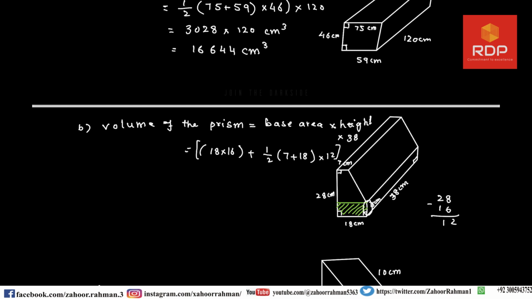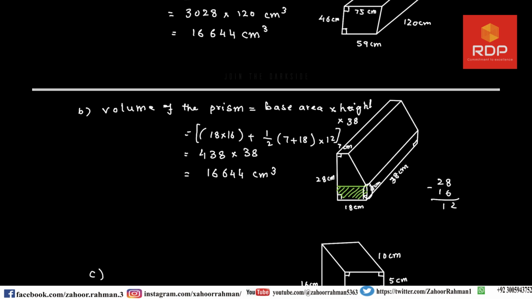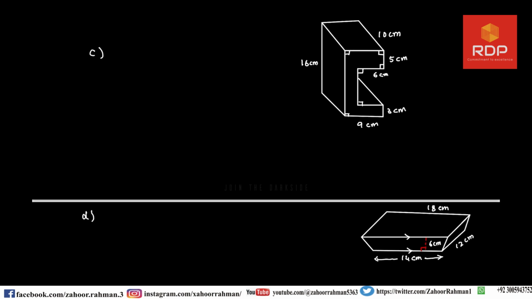Now when we calculate all these things, we get 438. 438 multiplied by 38, so it means that we get 16,644, and that will be in centimeter cube, because it is the volume.